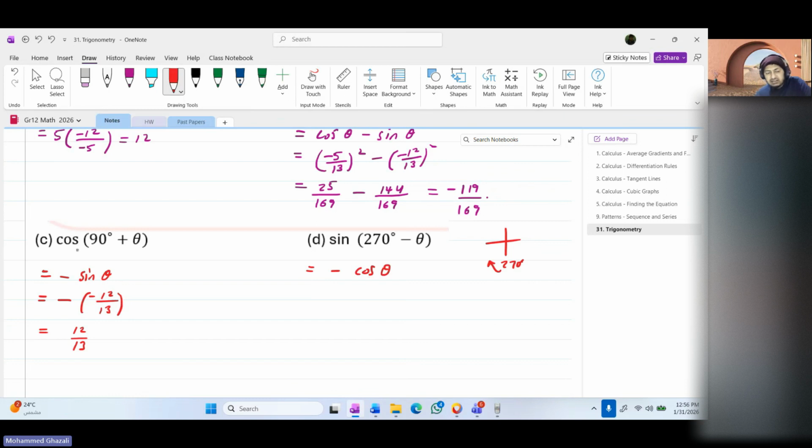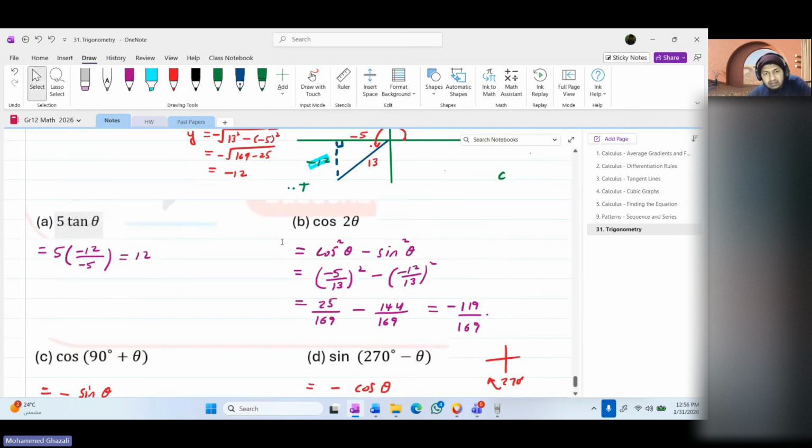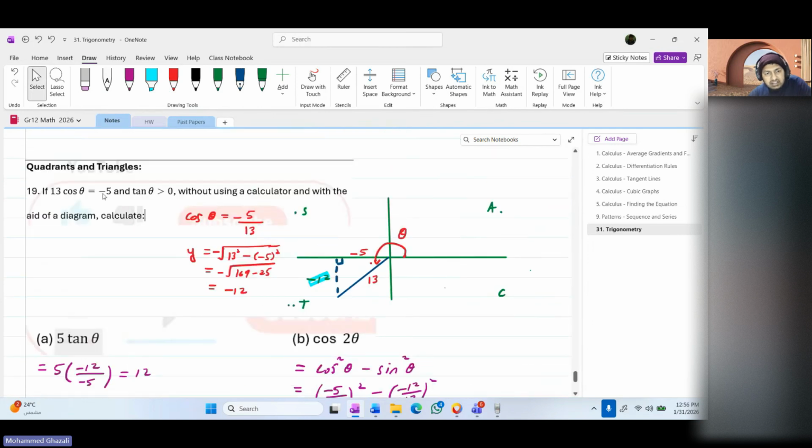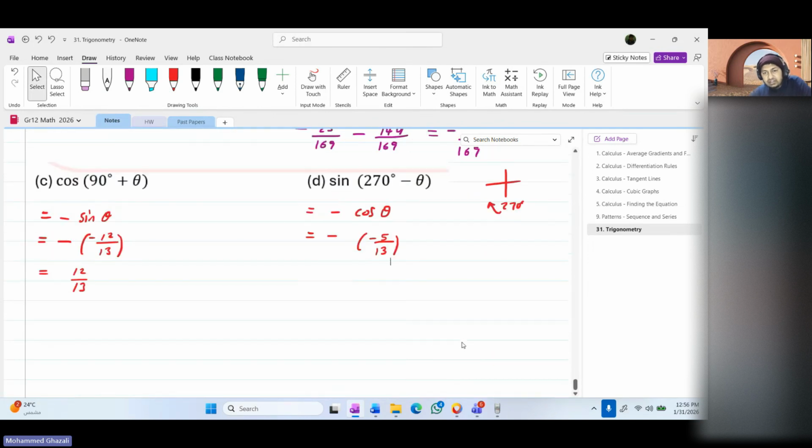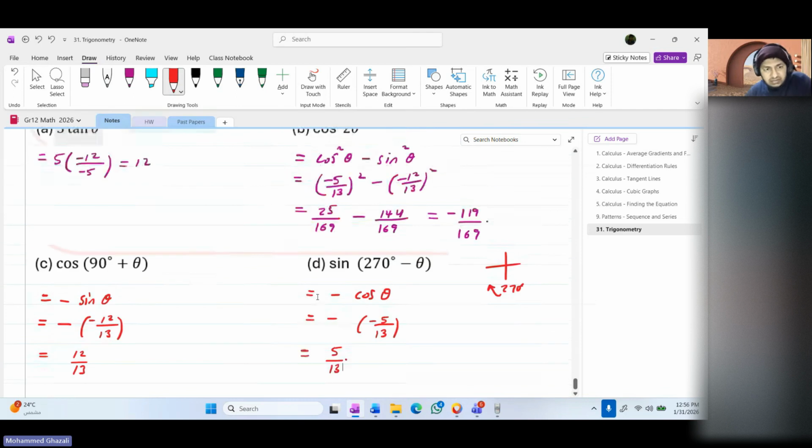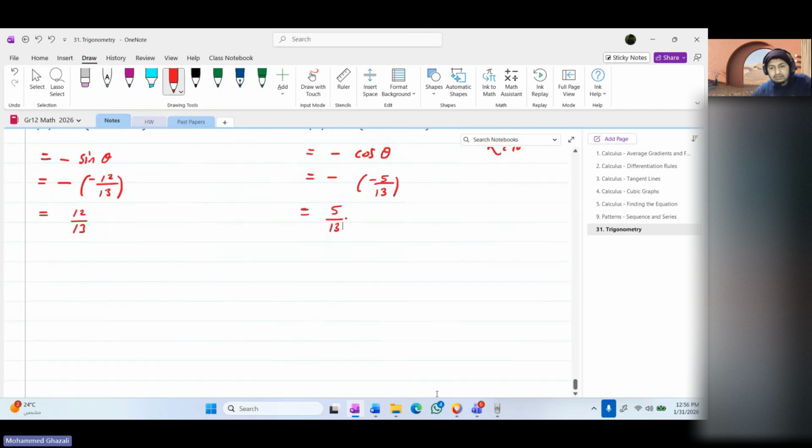Because of 270, vertical reduction. And cos of theta is negative 5 over 13. What was cos theta? Cos theta was negative 5 over 13, which is correct. Negative, negative cancels out. The answer is just 5 over 13. Right, so I hope you guys understood that. So that question 19 is done.